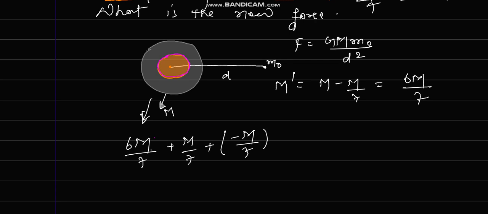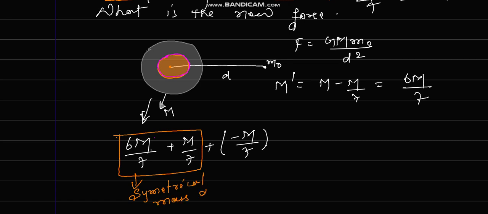Now these two will combine to give me a symmetrical mass distribution. Again, this is going to create the whole sphere, and this part is a sphere of mass minus m by 7.